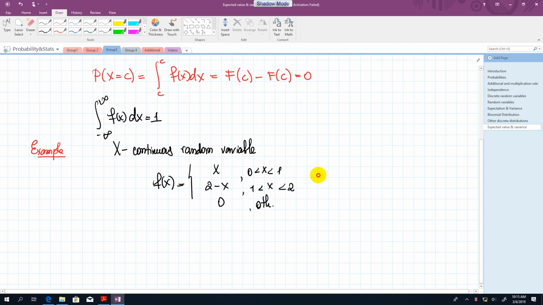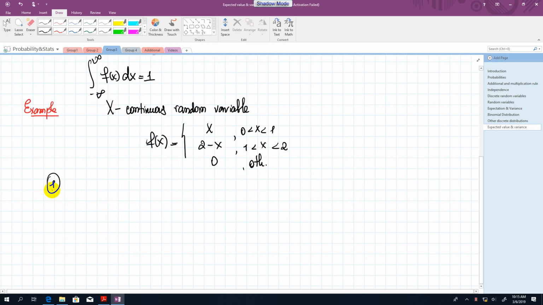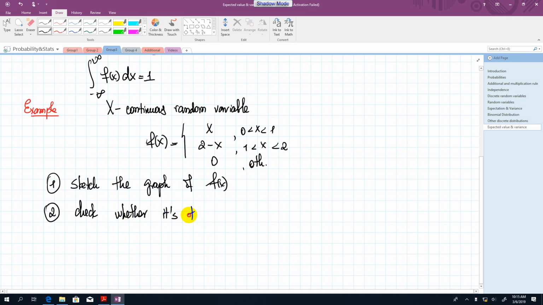Our task, first of all, is to sketch the graph of the function. Second, check whether this is the density function. And third, we need to find the probability that x takes a value between 0.5 and 1.5.